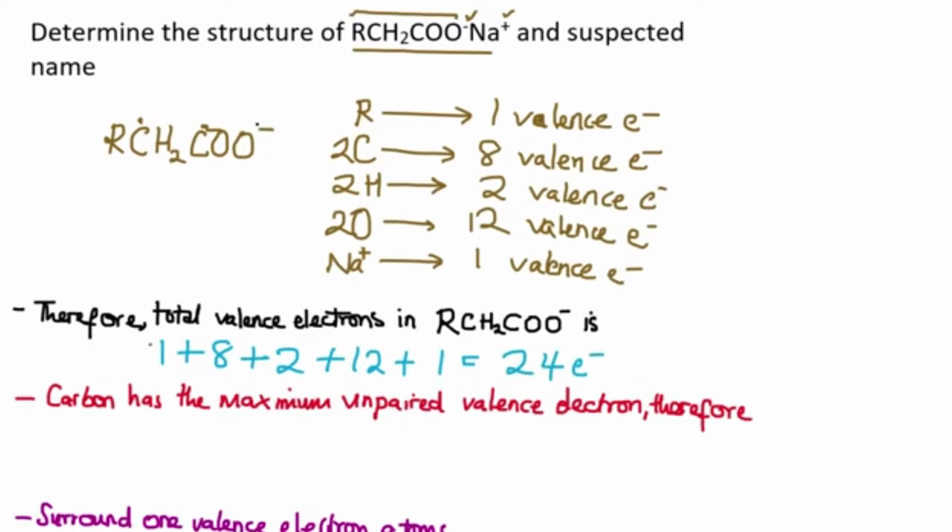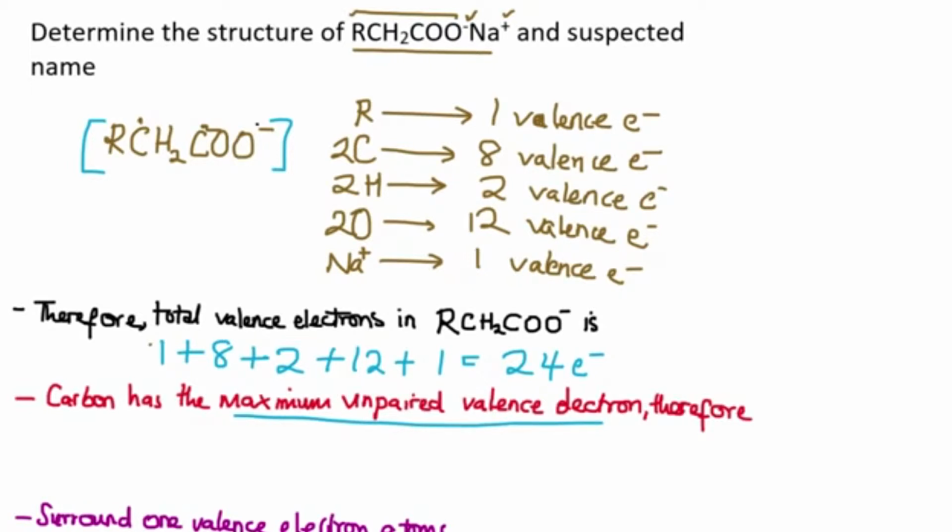So this total number of electrons will be involved in not only bonding but also the lone pairs in this particular compound. So let's start off by looking at the carbons, because carbons have the maximum unpaired valence electrons in their shell.